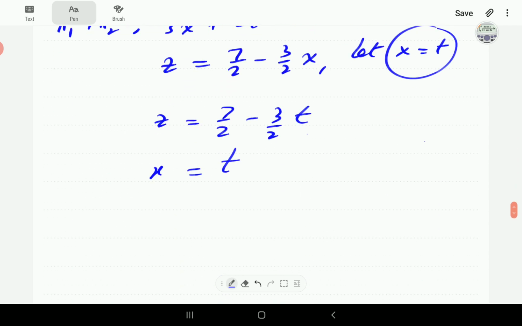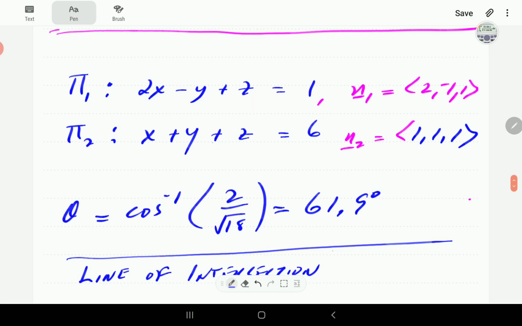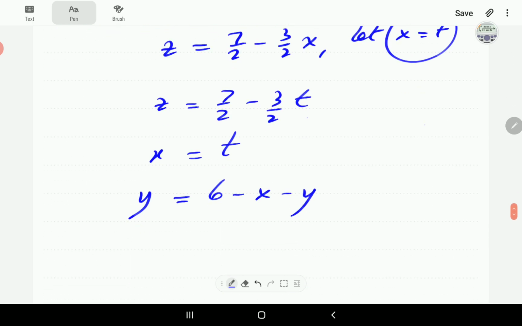So that one is saying y is 6 minus x minus z. But we've just said x is t, so this is 6 minus t, minus 7 over 2 minus 3 halves t. So this is all in terms of t now.